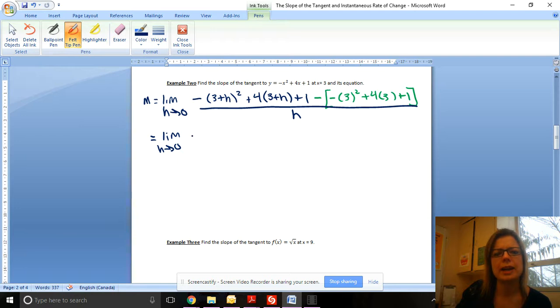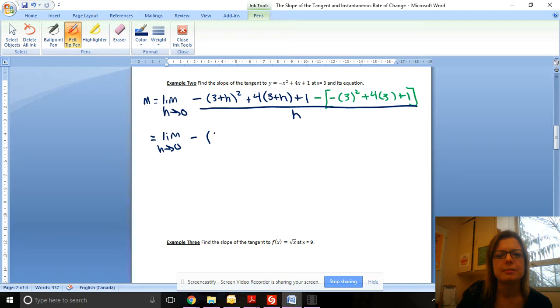So we would get negative h squared plus 6h plus 9. Then we'd make that all negative. Then distribute the 4, so you get 12 plus 4h, and then the 1. Well, I guess I should actually show this to you. I had it really shortened out, but I'll do this for you.